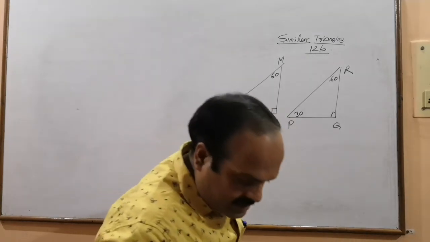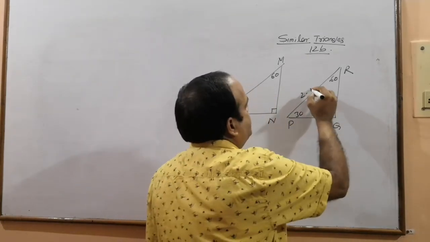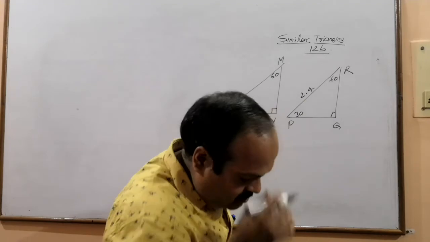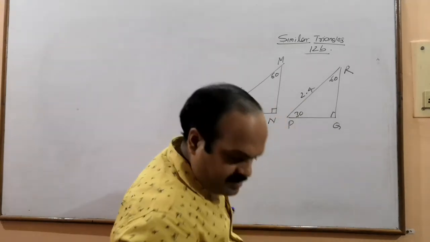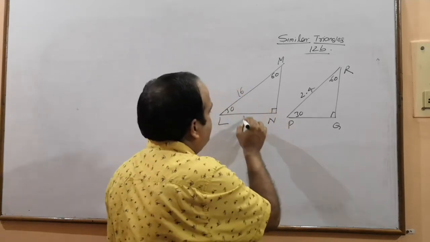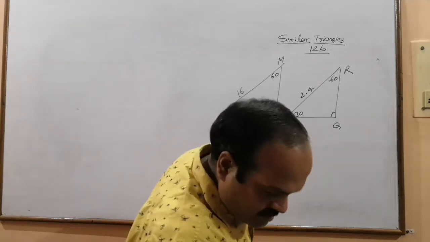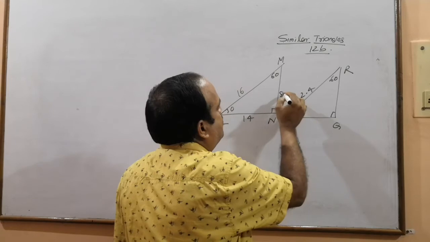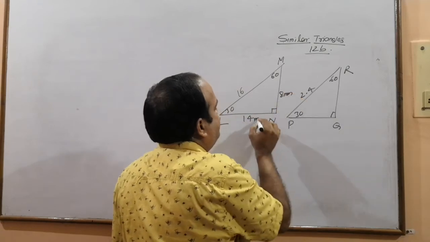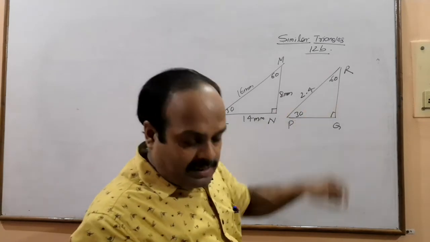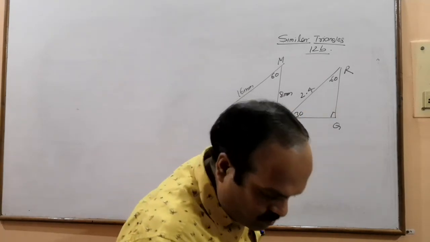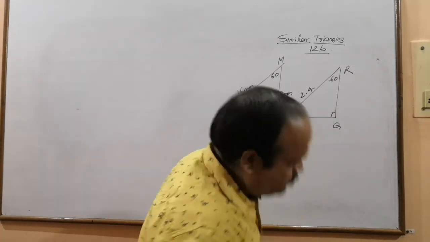So in the first part, let us first write the lengths. 2.4, 16, 14, 8. All these are in millimeter, while the sides of the second one are in centimeter. 2.4, 1.2, 2.1.